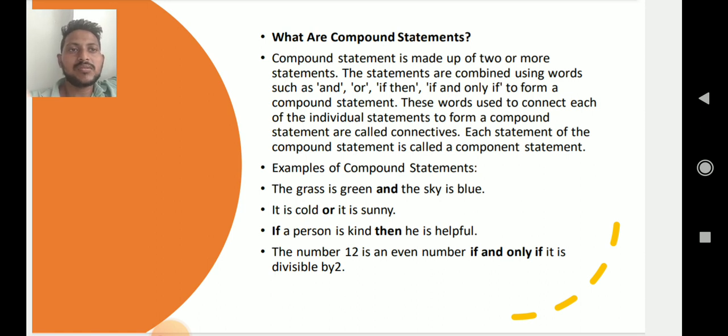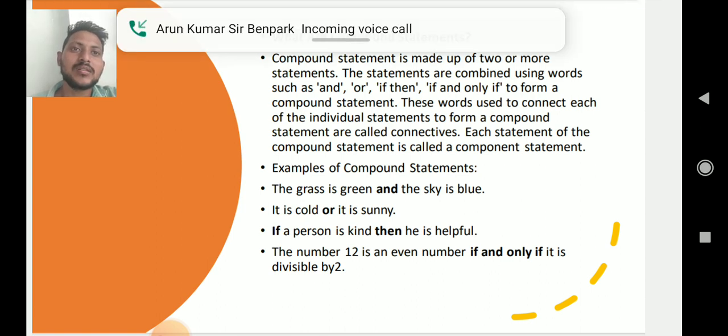These words are used to connect each of the individual statements and are called connectives. Each statement of the compound statement is called a component statement. Examples of compound statements: the grass is green and the sky is blue. It is cold or it is sunny.